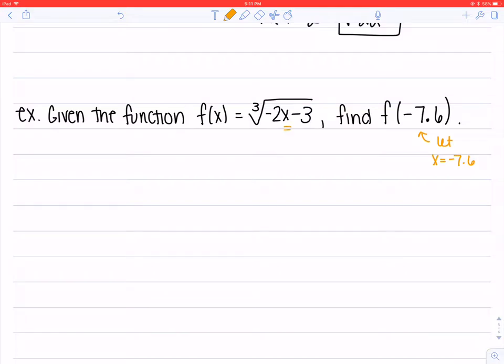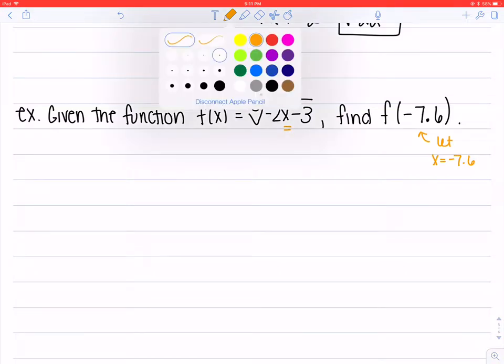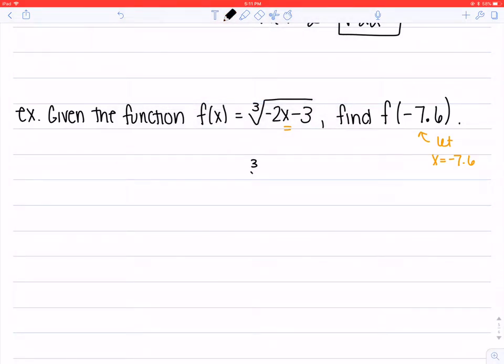Where there was an x, I'm going to replace it with negative 7.6. So I have the cube root of negative 2 times negative 7.6, because that was x, minus 3. Now, if you're going to do it in your calculator, you have to do the inside first. So I'm going to multiply and do all that adding inside, and I got negative 18.2.